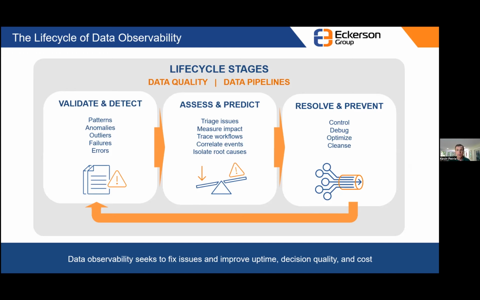Now we move into the third phase, resolving and preventing. So this is where data teams are controlling the environment. They're debugging. They've found a problem. They isolated a root cause. Now they're going back and fixing it. They're optimizing, for example, consumption of cloud compute resources, which can be a major source of sticker shock at the end of the month when organizations get their monthly bill from Amazon or Azure.